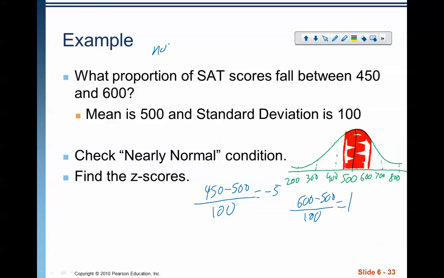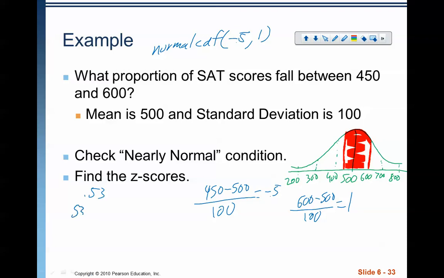So normal CDF from negative 0.5 to 1. Does somebody out there want to do that for me since I don't have a calculator? What do you got, Hannah? 0.53. All right, we'll just call it 0.53.